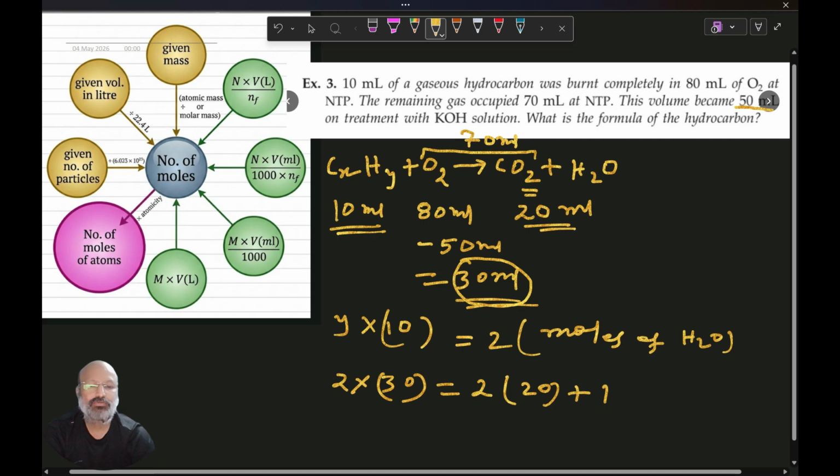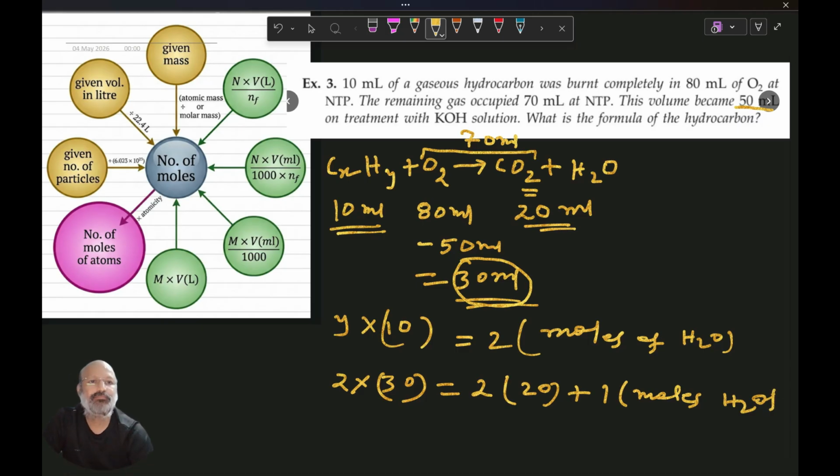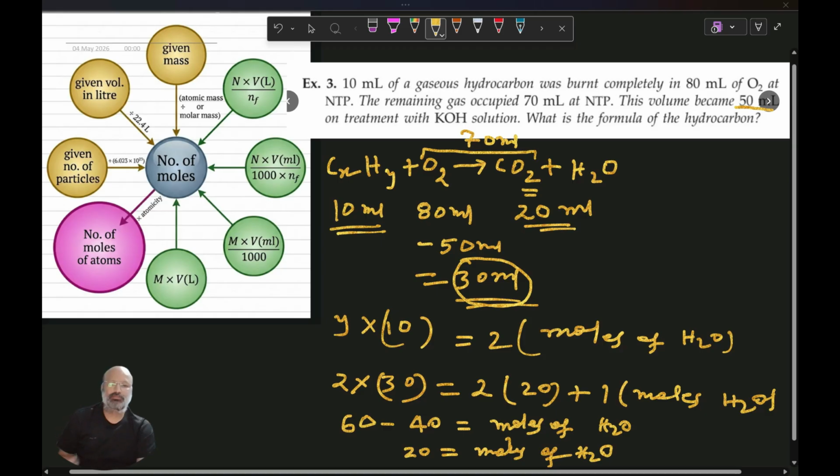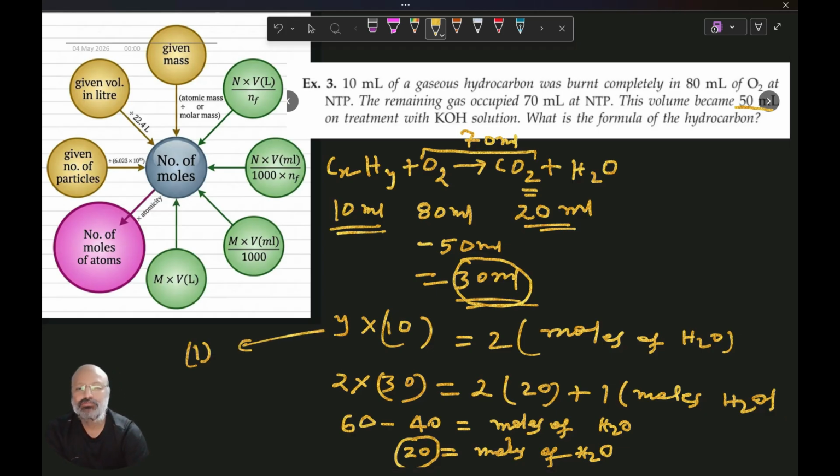Plus 1 into moles of water. Now you can see this moles of water is coming out to be 20 ml. Now this 20 ml I'll be using in equation 1.